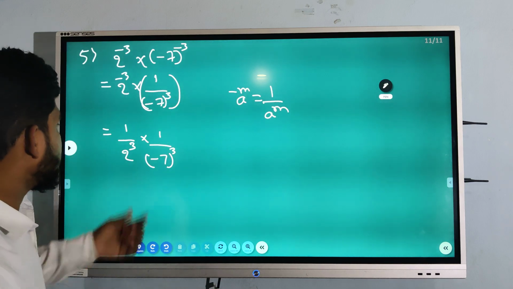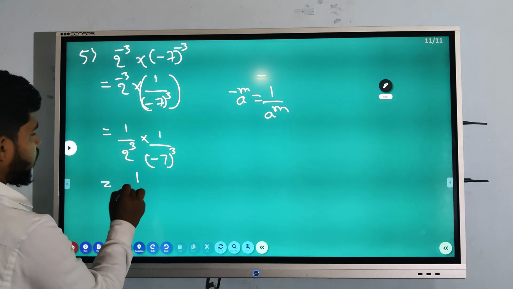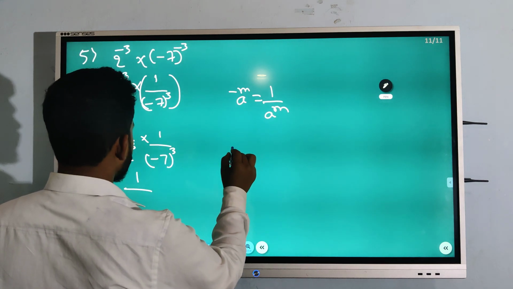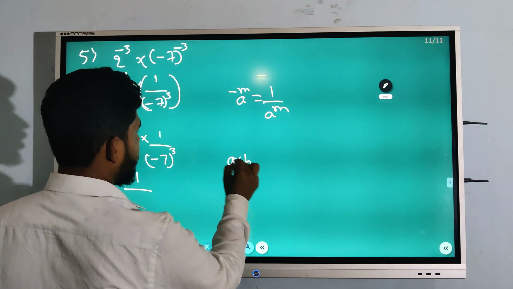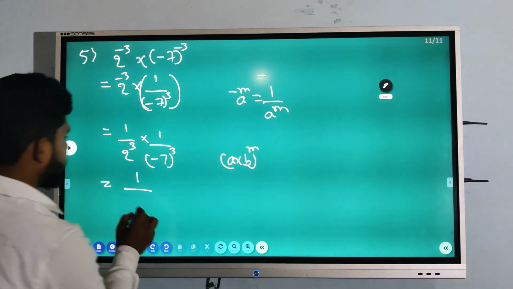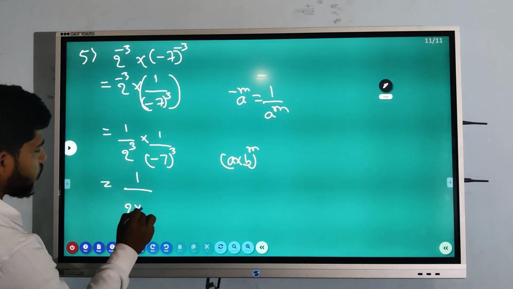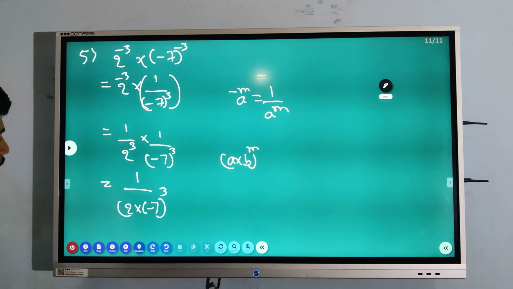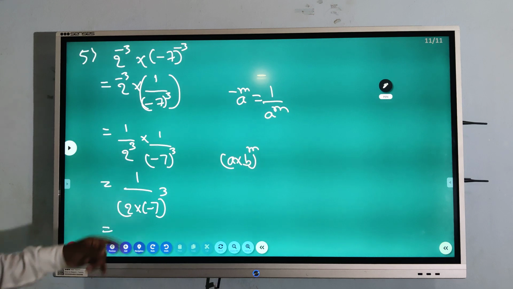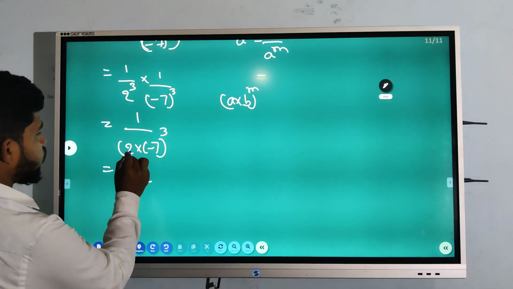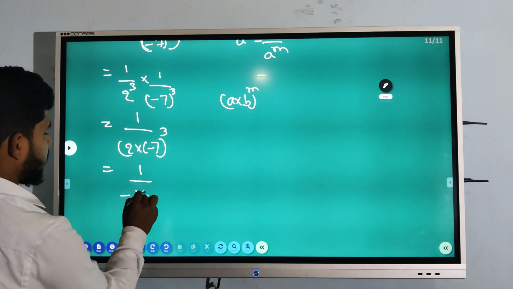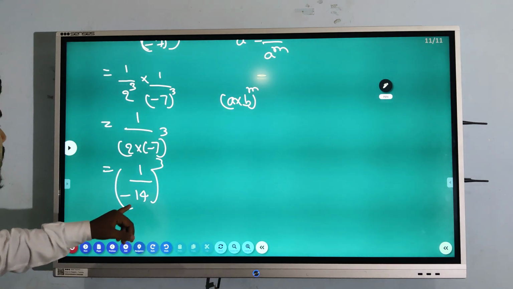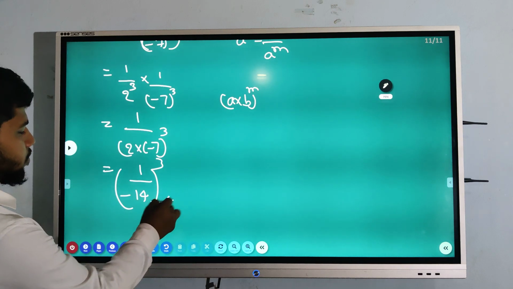So 1 by 2 power 3 into (minus 7) whole to the power of 3 becomes 1 by (2 into minus 7), and 2 into minus 7 is minus 14, whole to the power of 3. We can write it as 1 by (minus 14) whole to the power of 3.